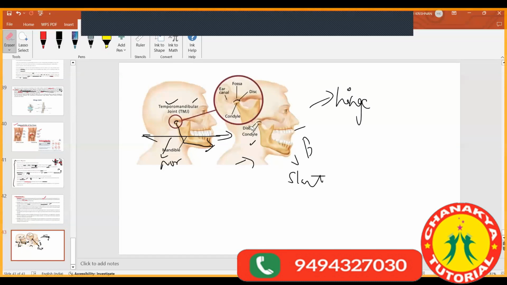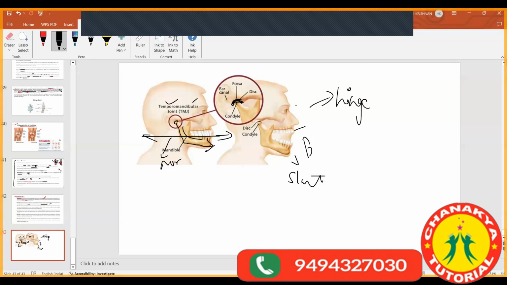I think they have extended the view. See here, this is exactly it. Because of this joint you can move the jaw, but you cannot say that this whole thing is a hinge joint. You have a small joint here.